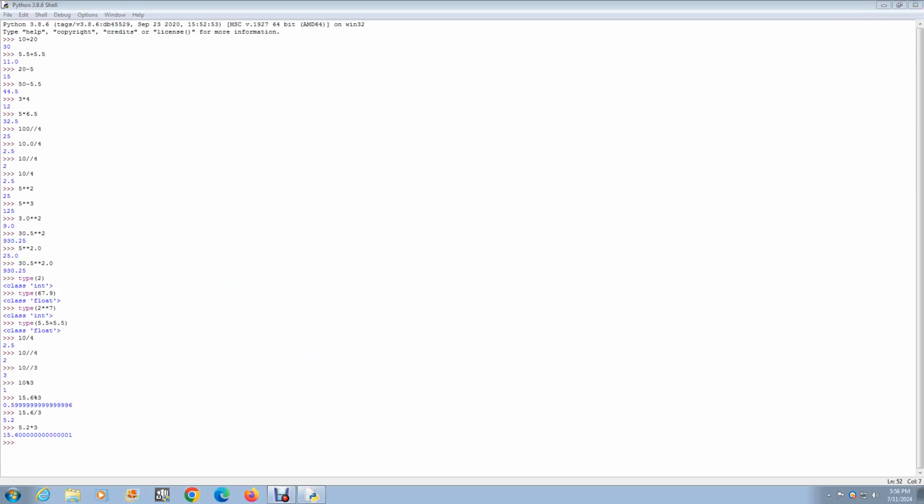And I show it to you here. Because 0.59 is basically, you're dividing 15.6 by 3, and you get a remainder of 0.59, which is close to 0.60, which is the remainder.